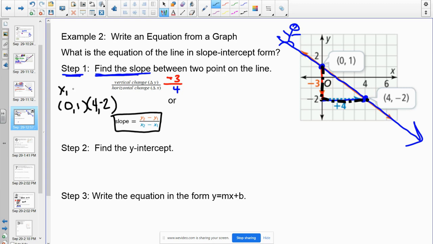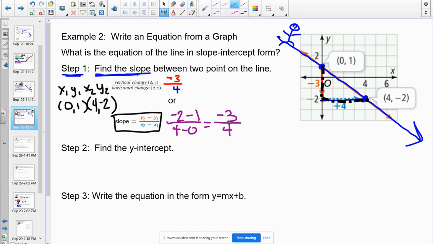So this is x1, this is y1, this is x2, this is y2, and you just follow the equation as is. So y2 is -2 minus y1 is 1, and I'm going to put that over x2, in this case 4, minus x1, which is 0. So just doing the math, -2, and you're taking away 1 more would be -3, and 4 minus 0 is 4. Same answer, just 2 different methods. So you can decide which method you enjoy going through the most.